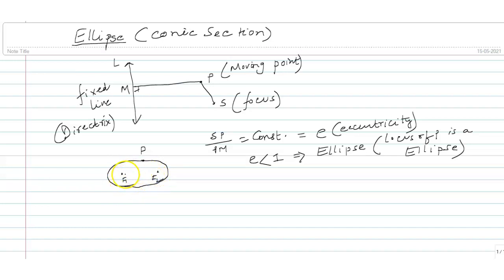If we join PF1 and PF2, and PF1 plus PF2 is constant, that is, P is moving in such a way that this condition is satisfied, then we say the locus of P is an ellipse.